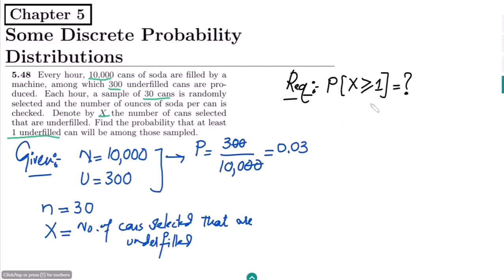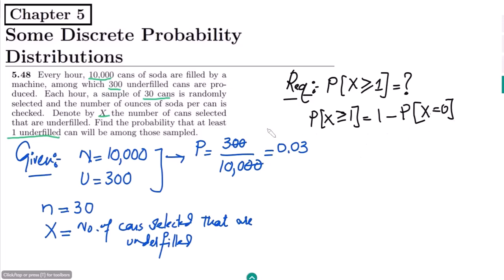In order to find it, we can write P of X greater or equal to 1 as 1 minus the probability that X is less than 1, and less than 1 is basically equal to 0.